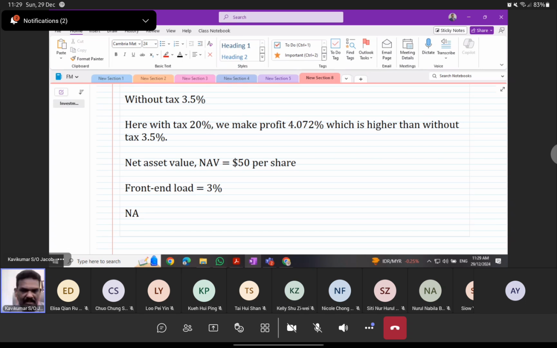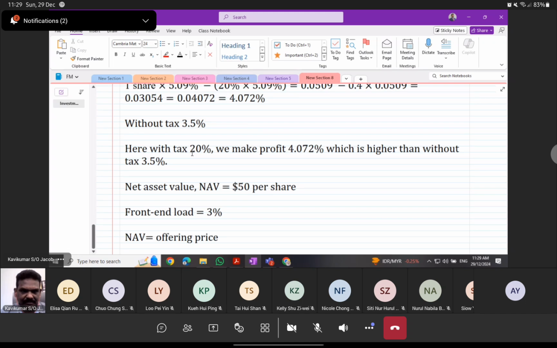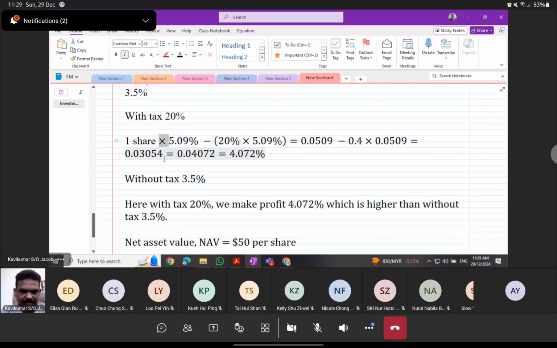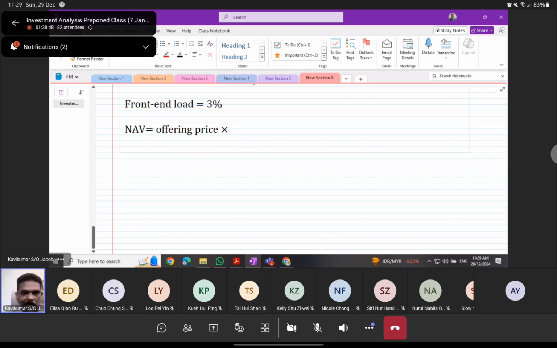So what's the formula? NAV equals offering price times 1 minus the front end load.